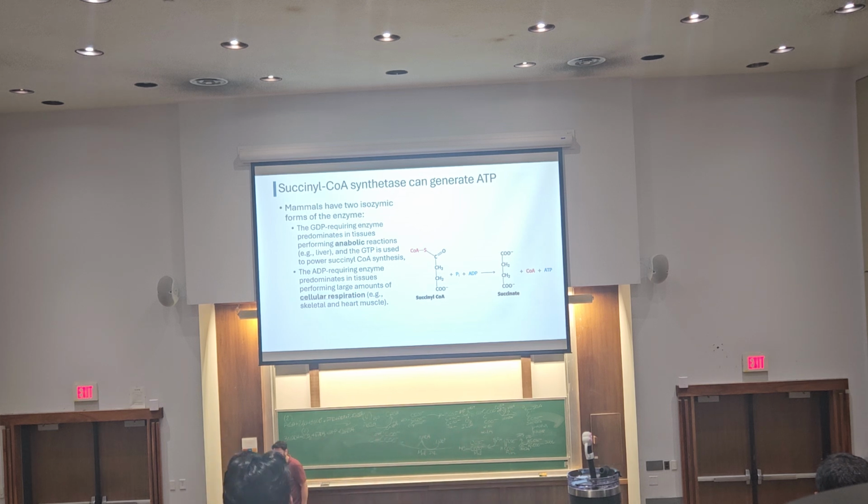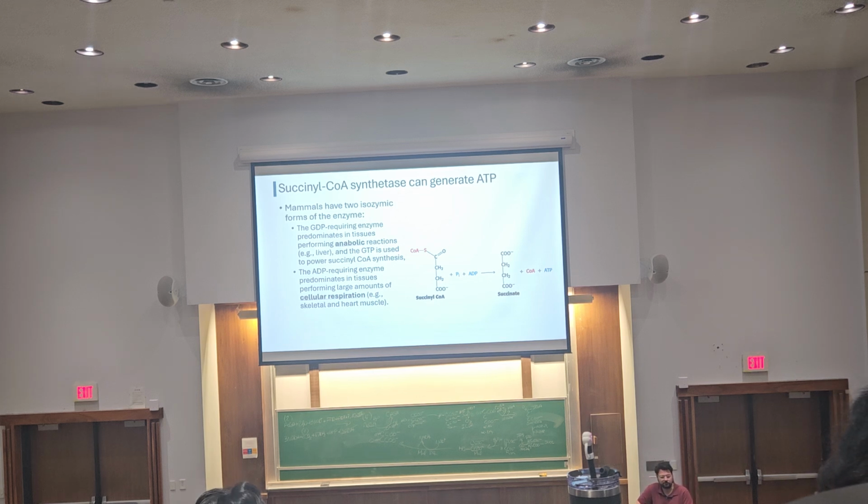The liver isoform actually produces GTP and uses GDP as a substrate, right? The reason for this is that GTP is used as the energy donor, as a phosphoryl group donor for anabolic processes. In other words, processes that build up molecules. So the liver, which sometimes has to build up fatty acids or other complex molecules, needs a source of GTP.